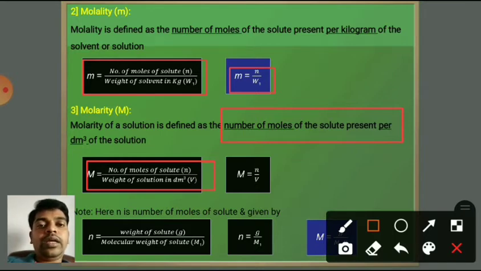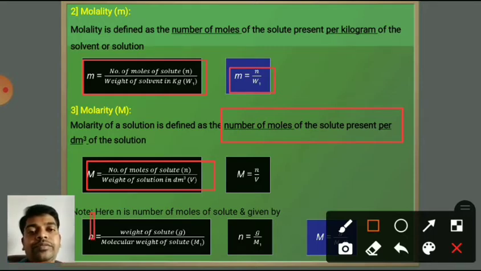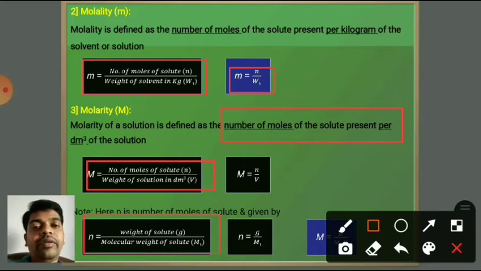Now here n is the number of moles of solute, and it is given by this formula: n equal to weight of solute in gram divided by the molecular weight of the solute, that is M1.